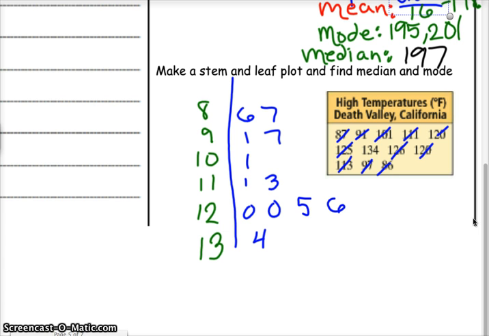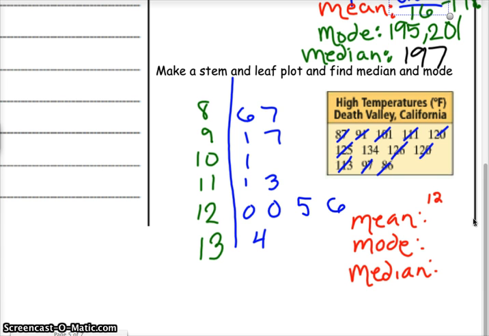All right, I need to find my mean, my median, and my mode. But again, the way I handle it, I get my mean math over with, then find my mode before I start crossing things out, and then I find my median last. So what did you get as the sum when you added these up? 13, 11.